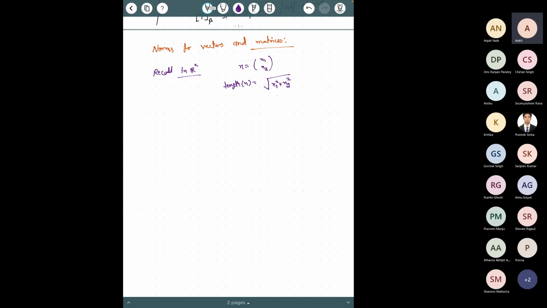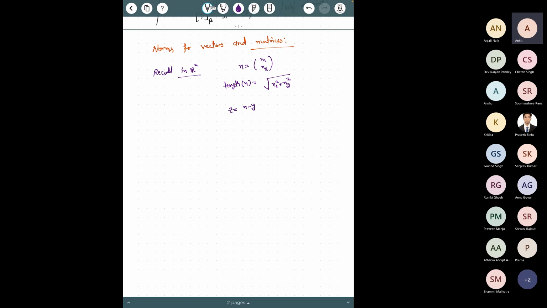So this is the Euclidean length. Now we say that two vectors x and y are close if the Euclidean length of the difference vector z equal to x minus y is a small number.